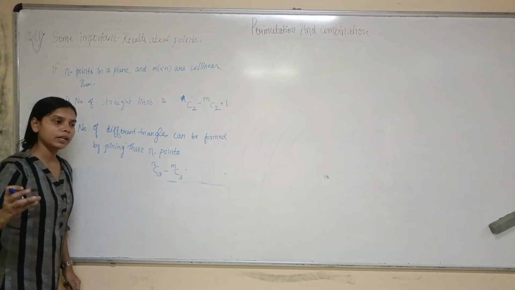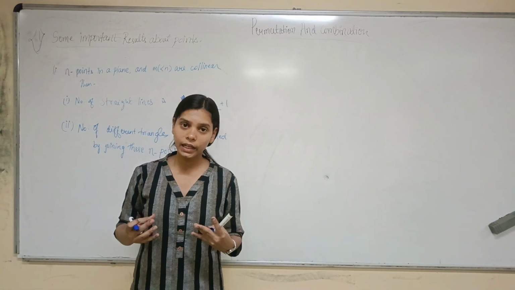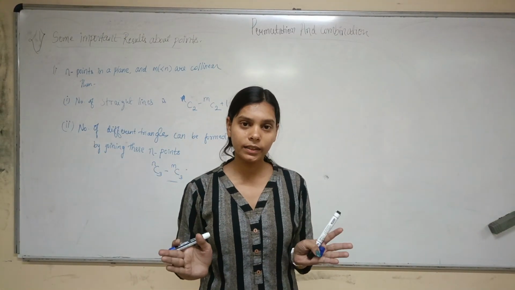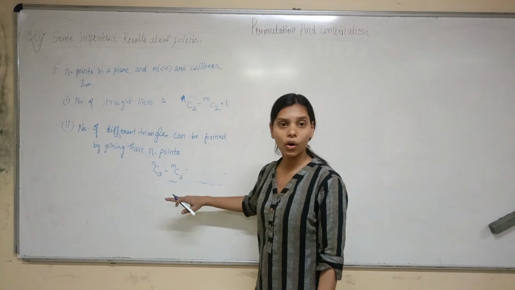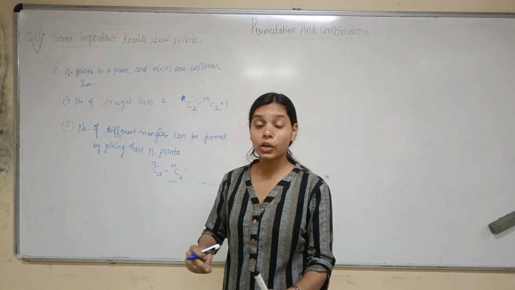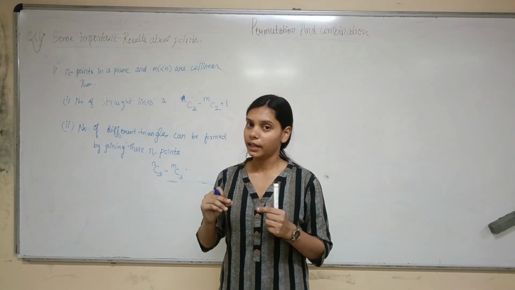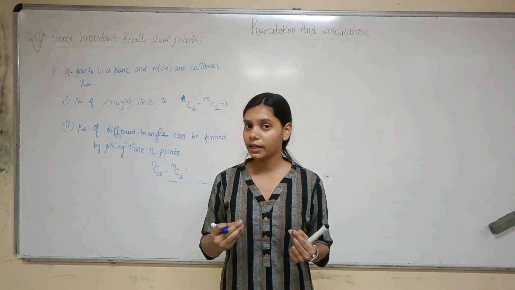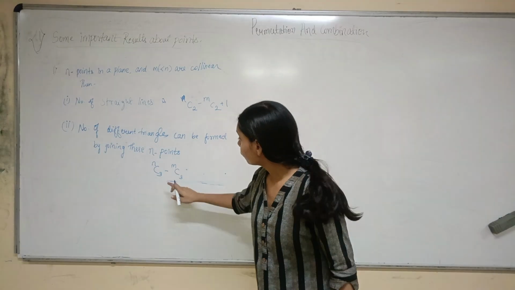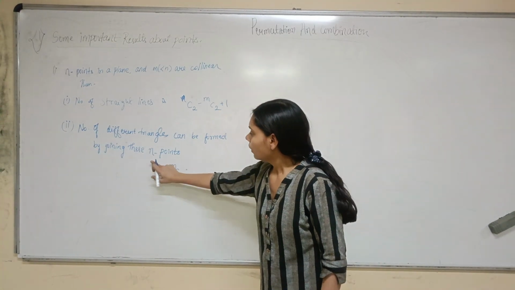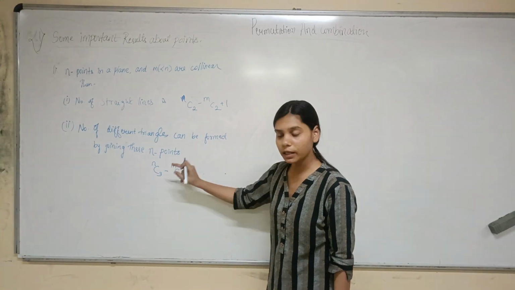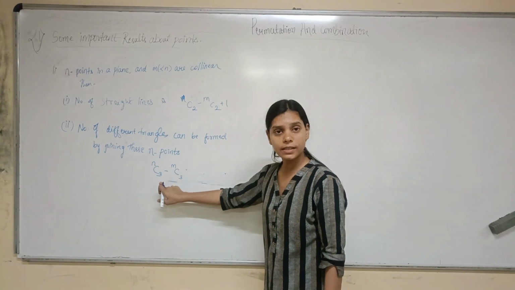Now tell me anyone, how many points do you need for forming a triangle? You need only 3 points, right? So the total number of points is n, and the points we require for forming the triangle are 3. So nC3 will be the number of triangles formed by using n points, where the requirement is 3 points.